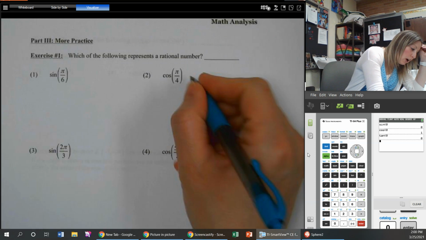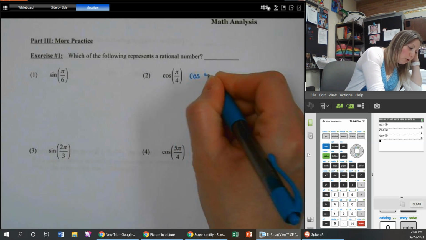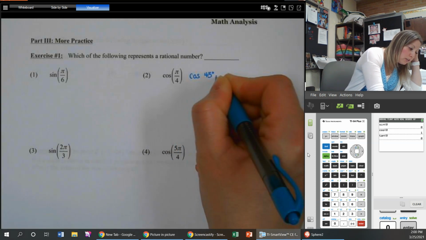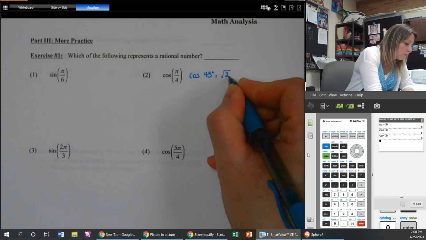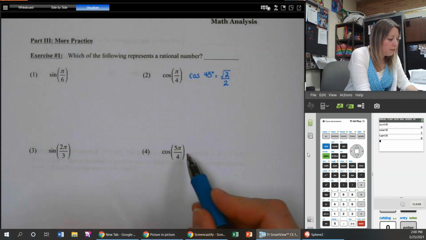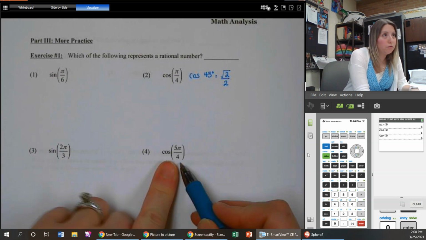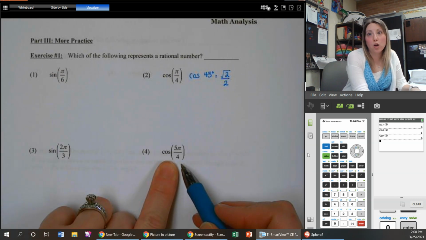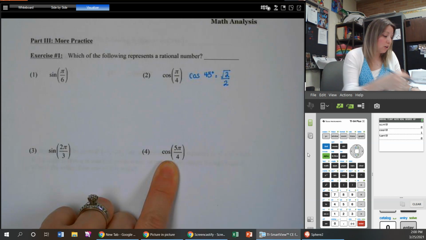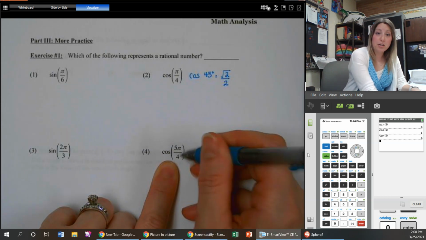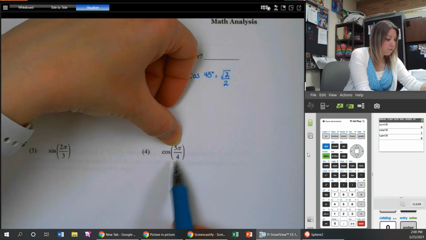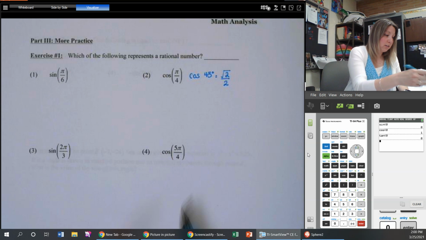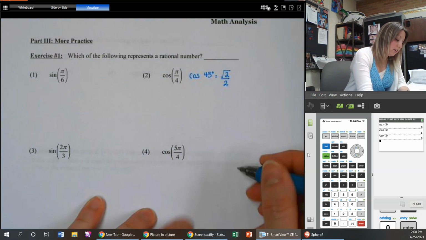So cosine of 45 degrees is going to be radical 2 over 2. This is cosine of what? We're over 180, so 225, right? This is where we get to in quadrant 3, because we're a little over 1 full pi, 5 over 4. So that's into the third quadrant.